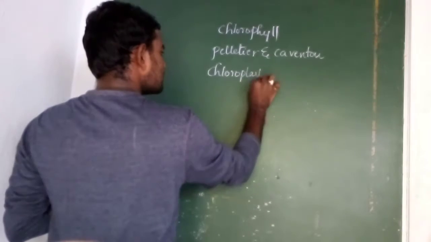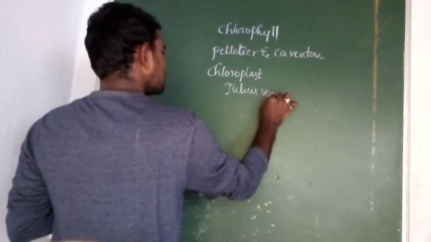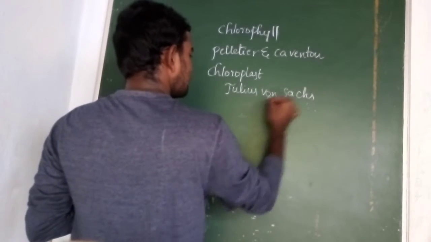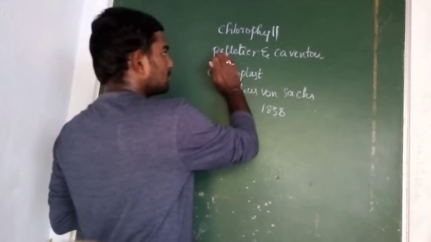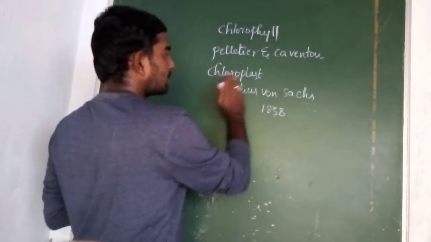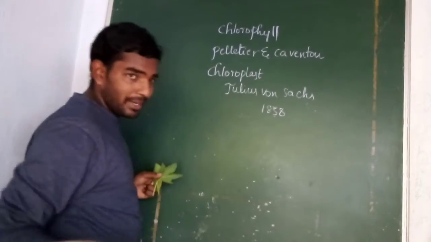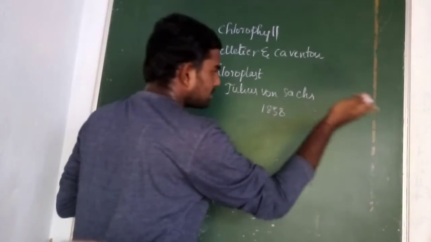This chloroplast was discovered by the scientist Julius von Sachs in the year 1858. So, Pelletier and Caventou discovered that the leaf contains the chlorophyll pigment, and the chloroplast contains this chlorophyll pigment. That's why the leaf is green in color. That is said by the scientist Julius von Sachs.